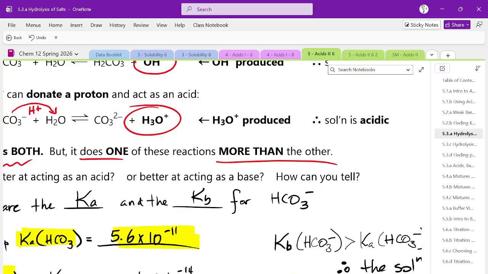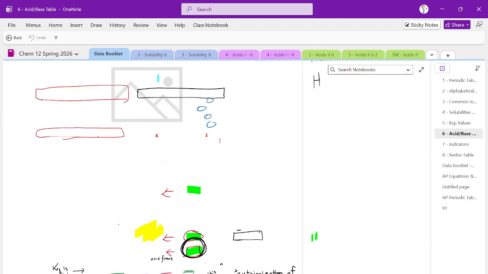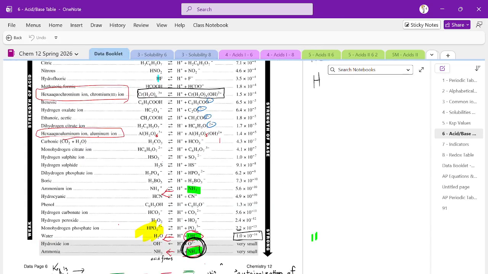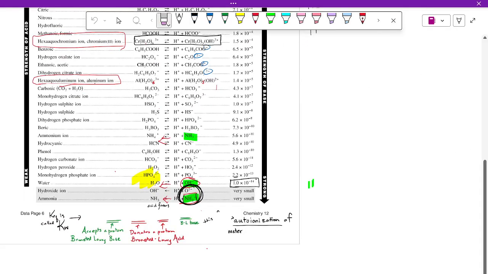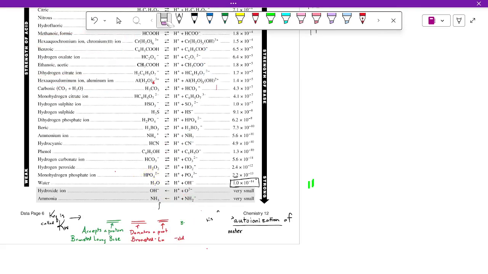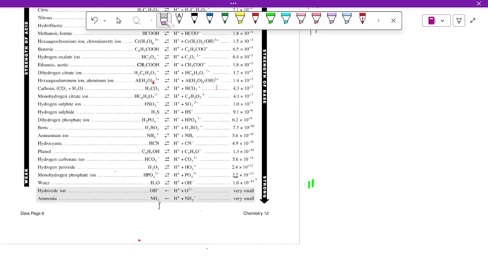All right. Let's go to our data booklet and look it up.